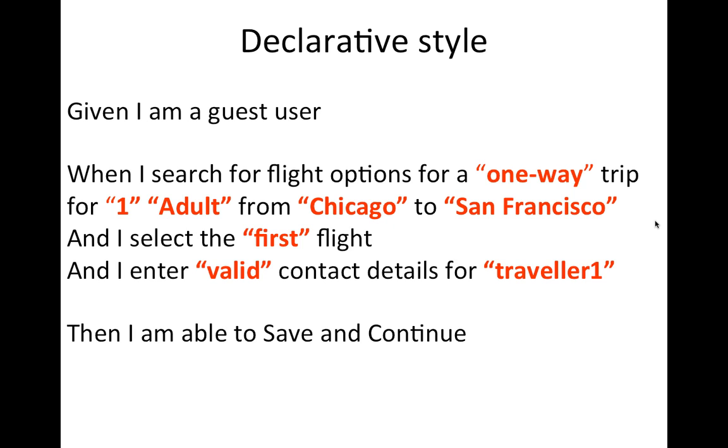Second, you start talking the domain language and you're hiding the implementation details of whether I'm choosing a certain thing from the UI or selecting something from a drop down, or whatever the UI element specific actions are happening.